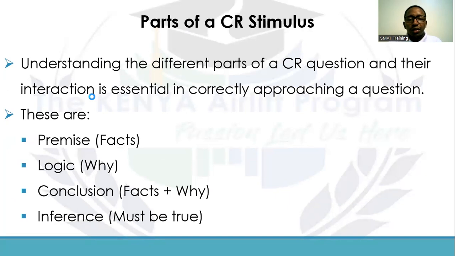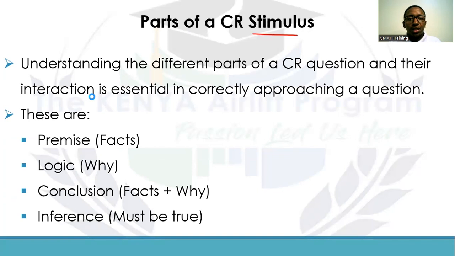So, parts of a critical reasoning stimulus. We know a question has three different parts. We have a stimulus, we have the question stem, then we have the answer choices.